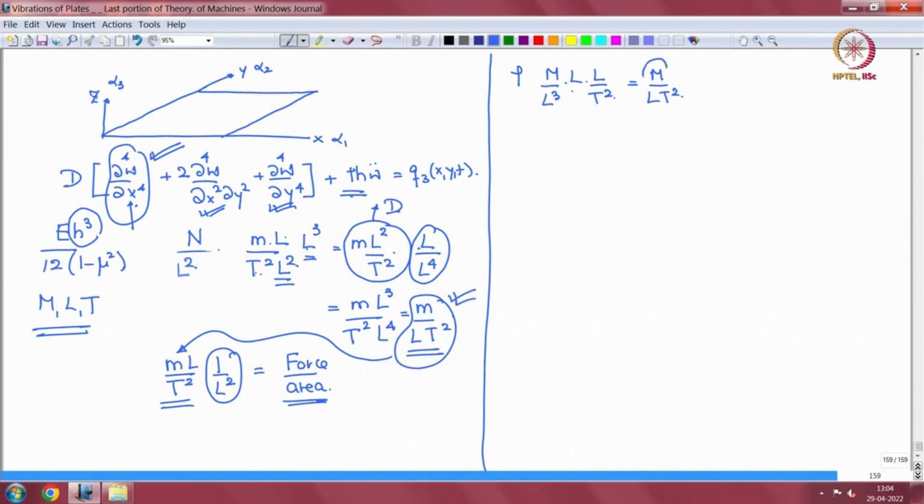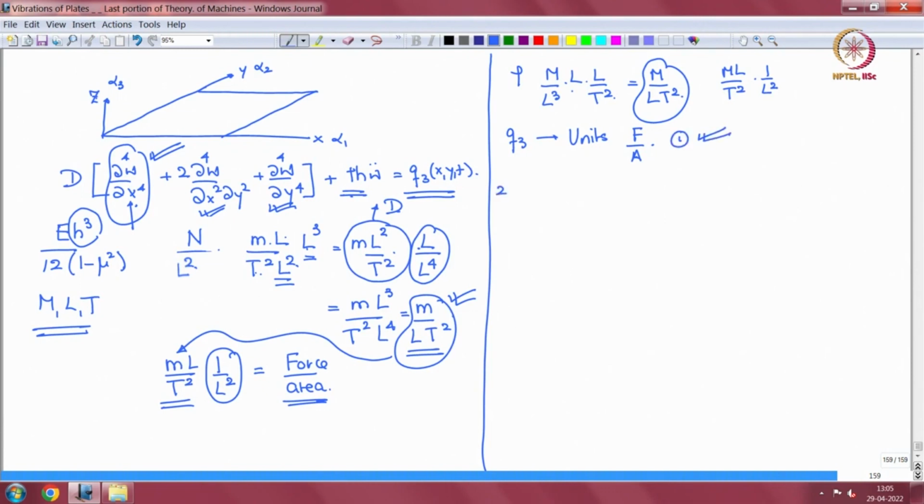This is also m by L t square, which means it is force over area, force per unit area, and therefore this force q3 has to have units of force per unit area. So if you are going to apply a force, then it should have force per unit area dimensions. So units are important, one thing.